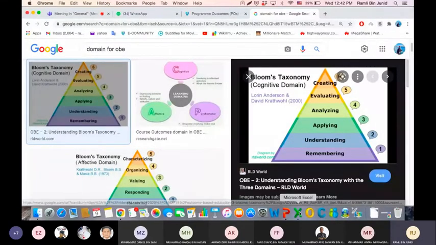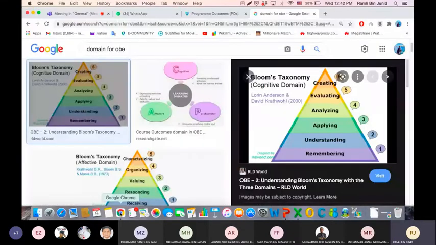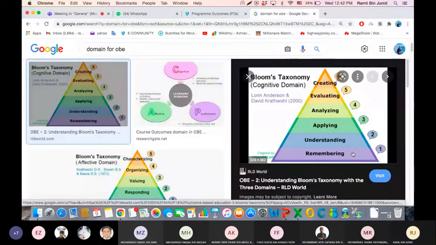Okay. For example, let's say this one is C1. If CO1 asks about C1, that means we only test you about remembering. For example, the question in the final exam could be what is the meaning of force.